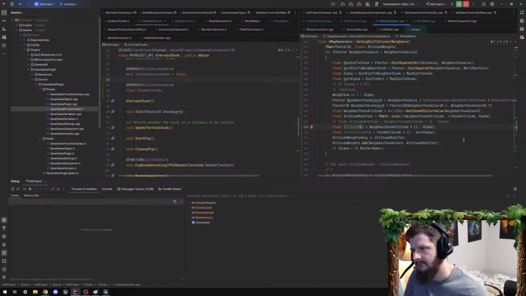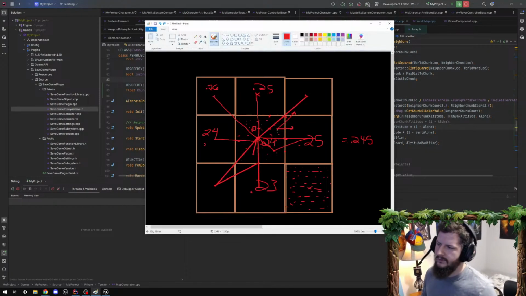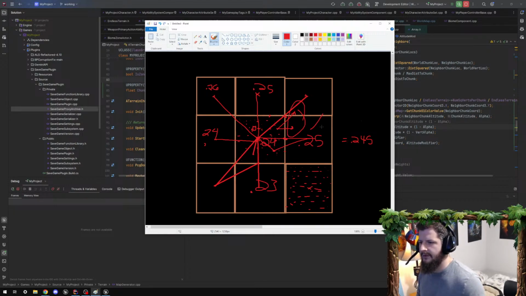So what I want to do is I kind of want to do something where I'll get the distance to the closest two and average them. Should I do that? Because I'm kind of already doing that.